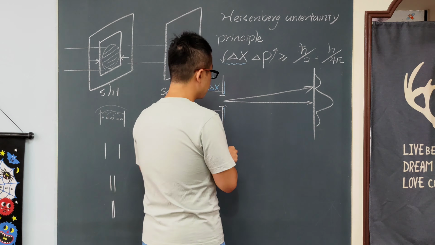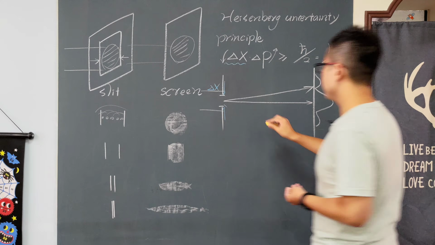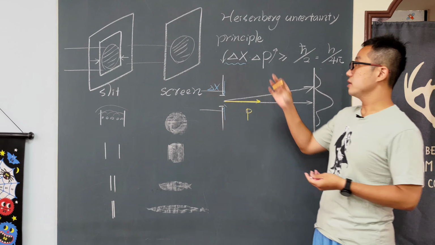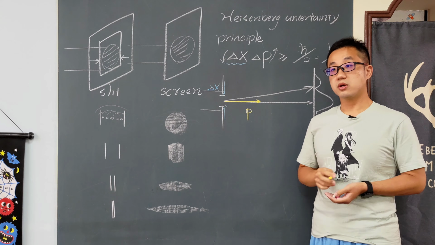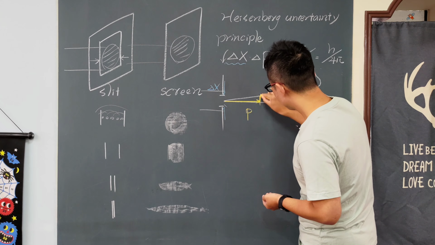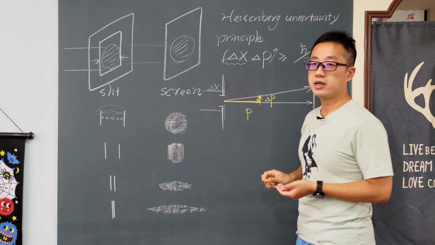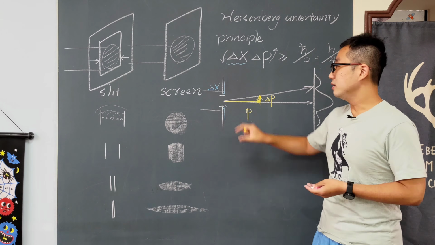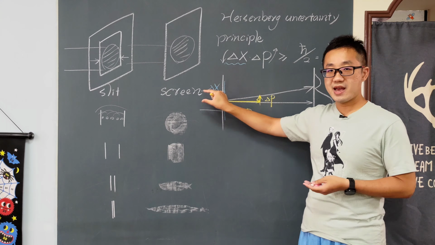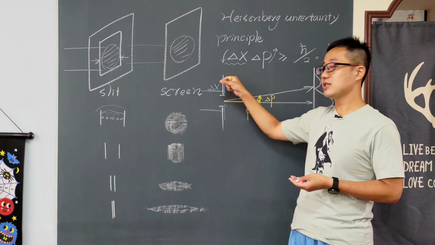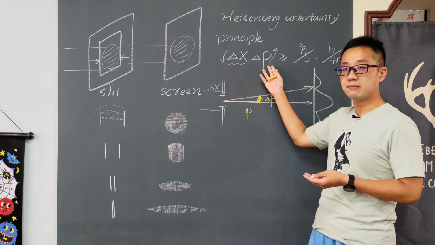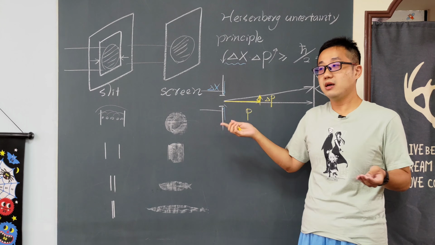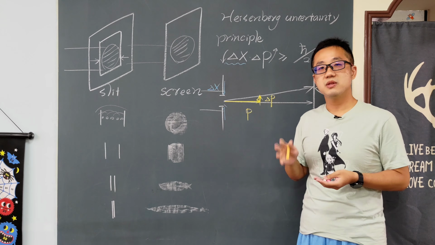And this is your original momentum P, but now, since you are decreasing delta X, more delta P occurs, and this is your delta P. It is because of delta P that the direction of the particle changes. The more we know about the position, as delta X decreases, the less we know about the momentum, and delta P increases. This is really non-intuitive, right? To me too, it's really non-intuitive, but that's the way the world works.